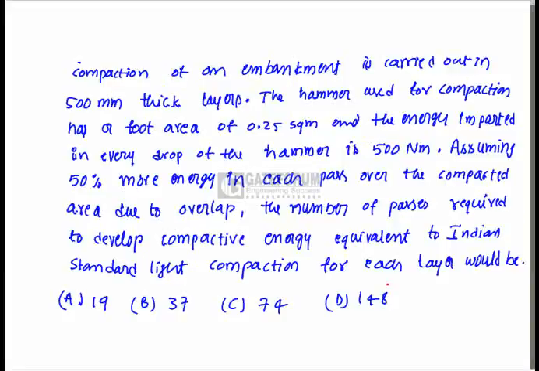For a heavy compaction, the energy imparted is equal to 592 kilojoules per cubic meter.